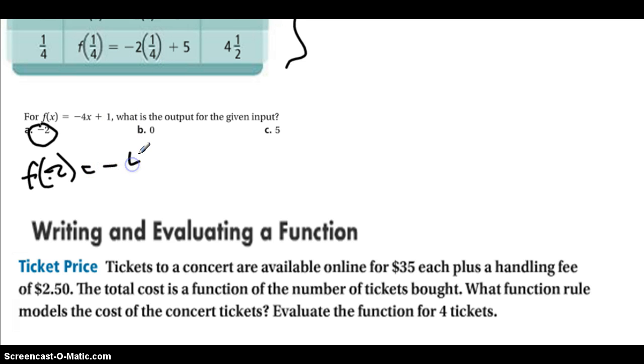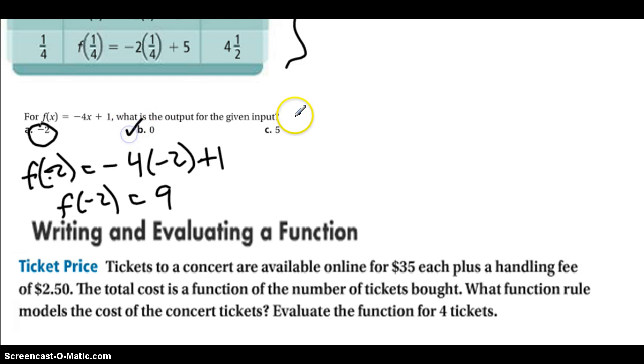How about negative 4 times x plus 1? In other words, when you plug in negative 2 into your function, it's going to simplify to positive 8 plus 1, otherwise known as 9. I suggest going ahead and doing these other two in your Cornell notes.